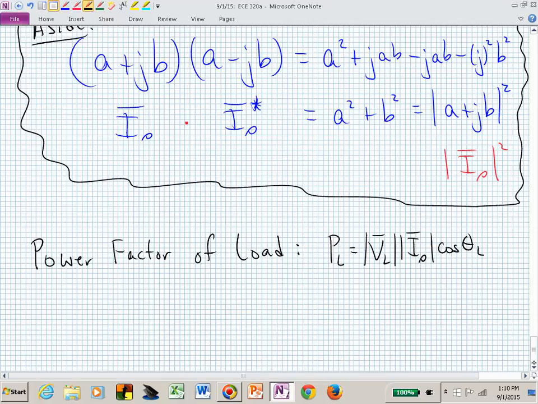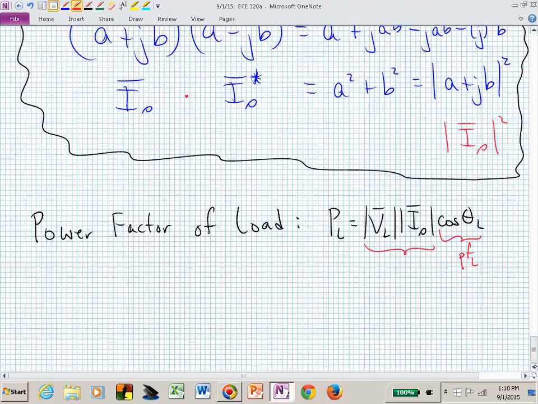And in this case, this piece is the power factor, and that's the power factor of the load. What is this or what could you call that piece? Magnitude of V times the magnitude of I. The apparent power of the load, if somebody wanted to know. Who knows what people will want to know.